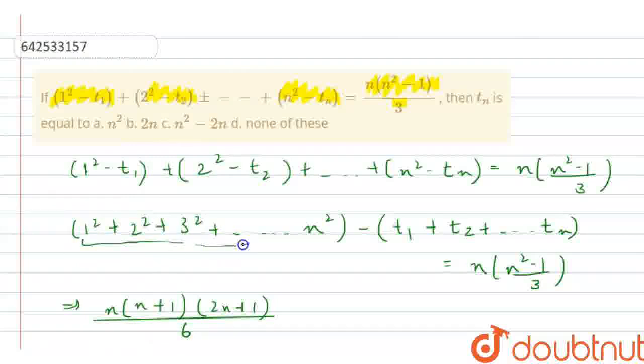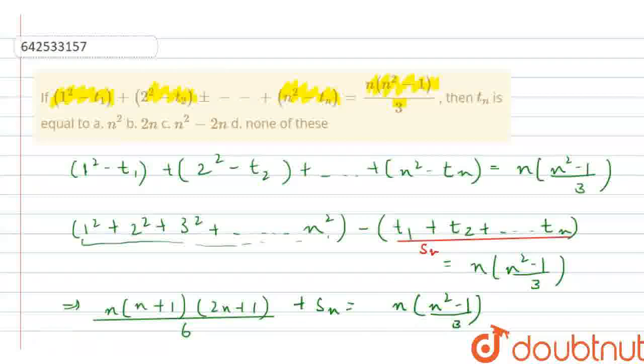And the second one, I'm assuming the sum of this series, that is t1 plus t2 plus t3, and that proceeds up to tn, as Sn. So here I will write this formula plus Sn is equal to n into n square minus 1 upon 3.